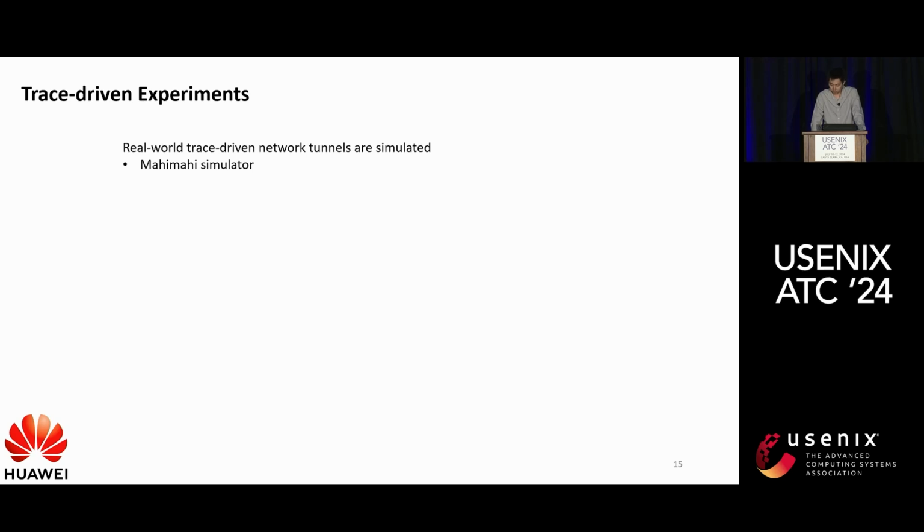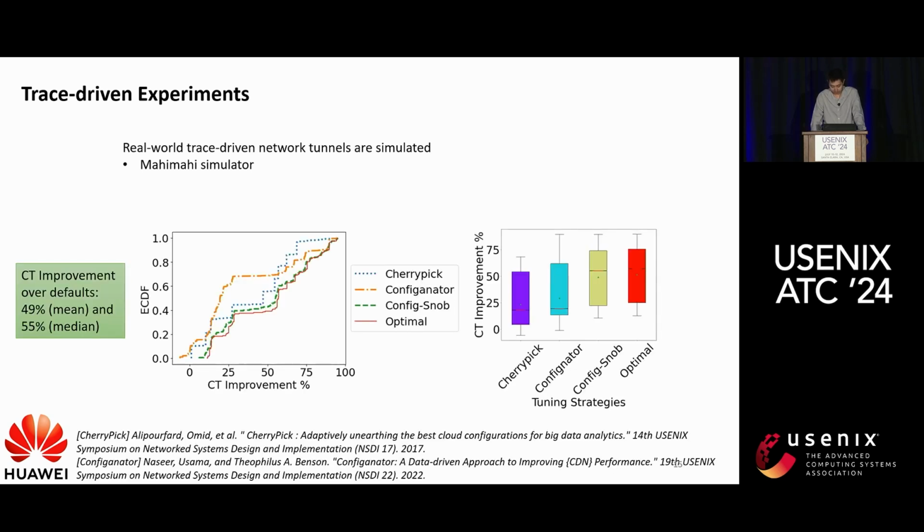We also use a trace-driven testbed to compare Config-Snob with some existing work, like CherryPick and Configurator. All experiments are QUIC sessions over simulated network tunnels. We use Mahimahi. So Config-Snob improved the completion time by 49% mean and 55% median over the default configurations.